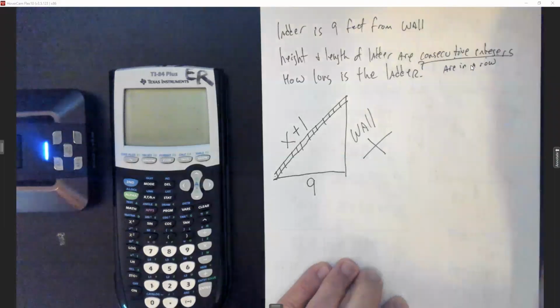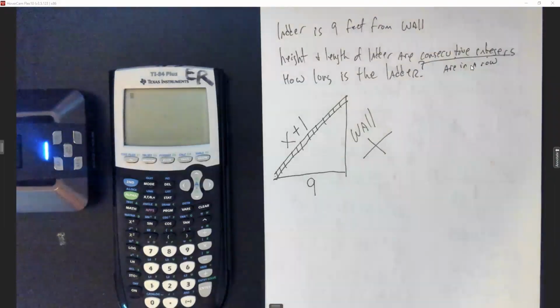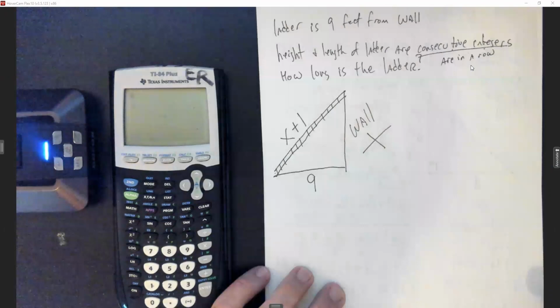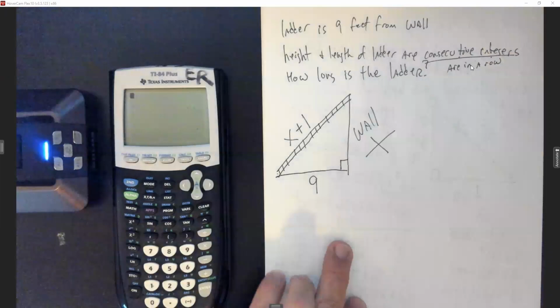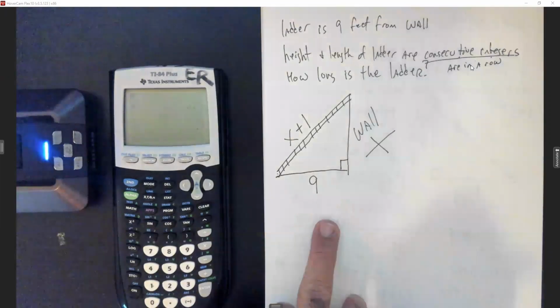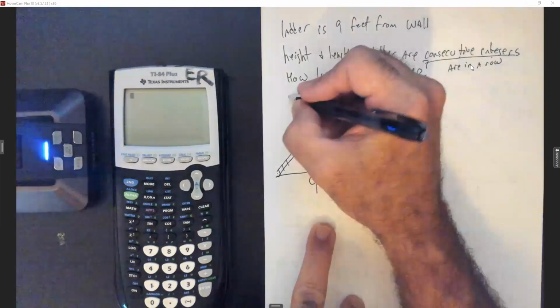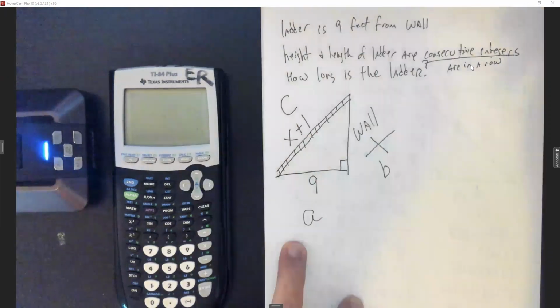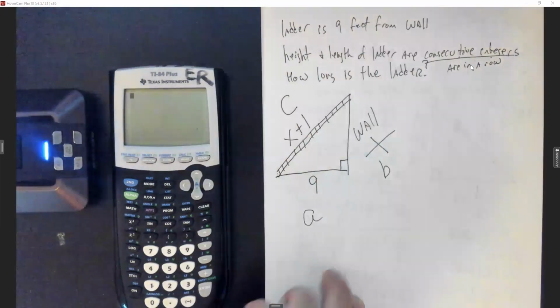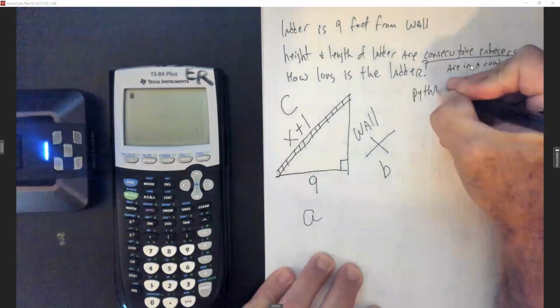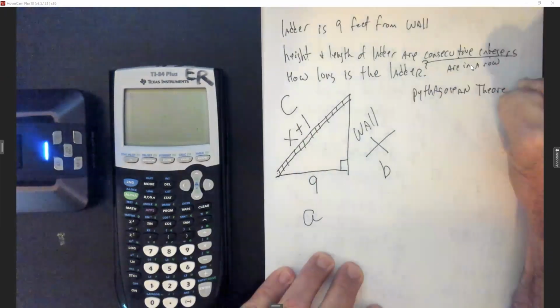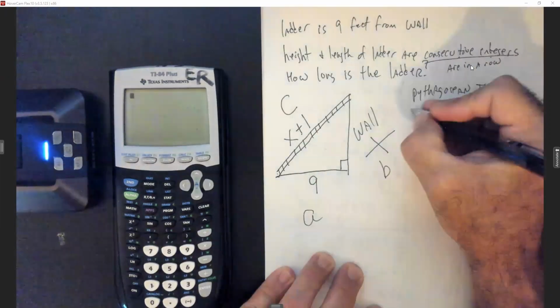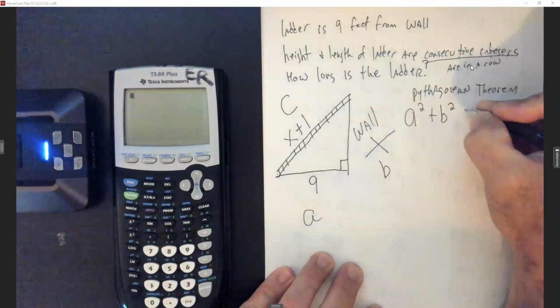All right, so once again, I've got a nice little right triangle sitting here. This has to be my C side, this can be A, and that can be my B. So once again, I'm using my Pythagorean theorem: A squared plus B squared equals C squared.